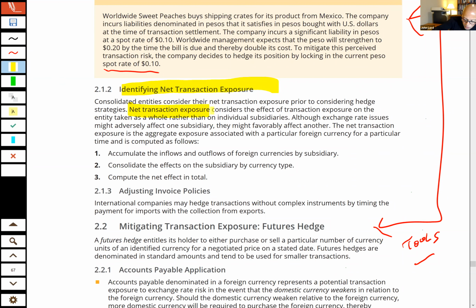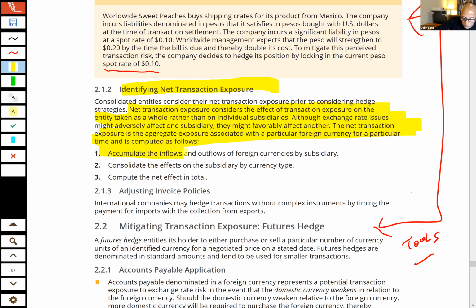And net transaction exposure considers the effect of transaction exposure on the entity taken as a whole, rather than on individual subsidiaries. Although exchange rate issues might adversely affect one subsidiary, they might favorably affect another. The net transaction exposure is the aggregate exposure for a particular foreign currency for a particular time and computed as follows.